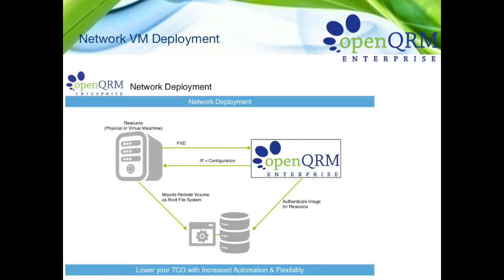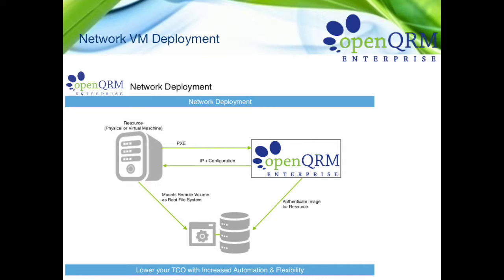That means it makes sure only the specified resource, which is just booting, is able to connect and access a specific volume with the root file system on the storage server. So while it's booting up, it connects to this volume and uses it as its root file system. That means the systems do not need to have access to any local disk, so they can be run completely diskless, for example, like the network deployed virtual machines.